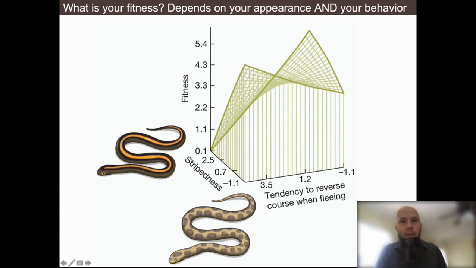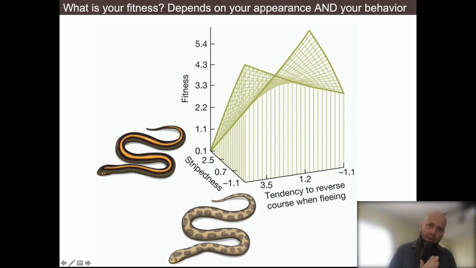It's genetically encoded. And it turns out there are optimal combinations, right? You take that piece of paper and twist it. Two of those corners are higher than the other two. Those two peaks on the fitness landscape, the highest peaks, are the most ideal combinations of coloration and behavior. And it turns out if you are on the left side of the x-axis, your tendency to reverse course when fleeing is high, right?